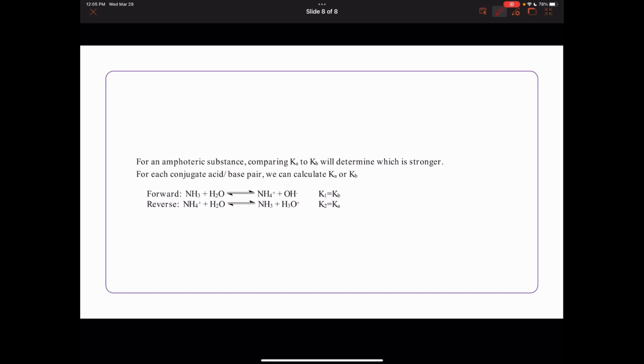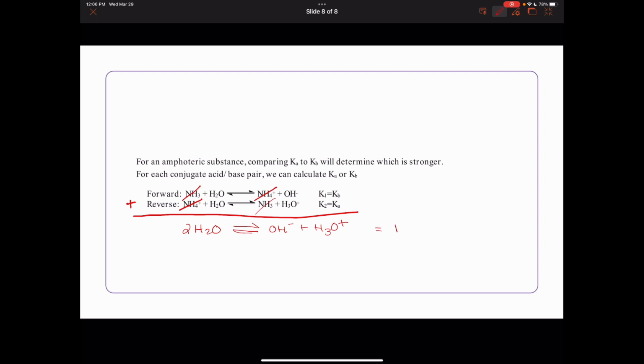Now, we can take equations and we can add them together. So if I add these, we're going to cancel things that appear on both sides. So my NH4 plus cancels, my NH3 cancels, and I'm left with 2 H2O producing hydroxide and hydronium. Well, that equation is the autoionization equation for water.